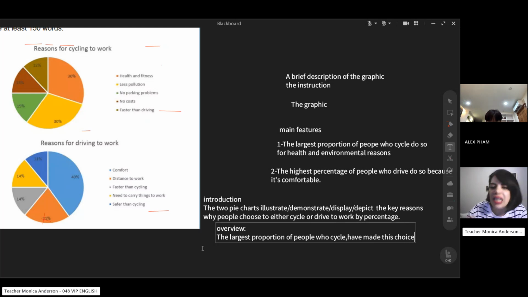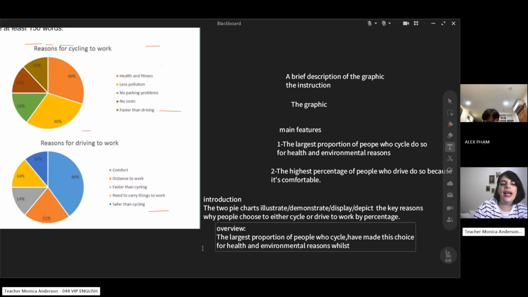Present perfect is a good one because we don't want to mention the time, so it's better to use present perfect. Have made this choice for health and environmental reasons. Now let's compare.